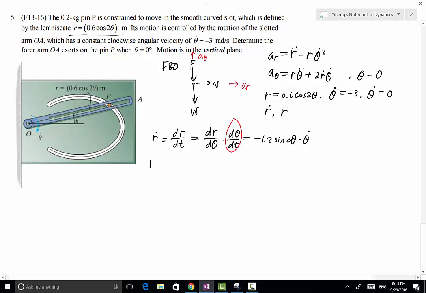So r double dot equals d r dot/dt. And because r dot is the product of two functions, both functions are functions of time, we're going to use the product rule from calculus.